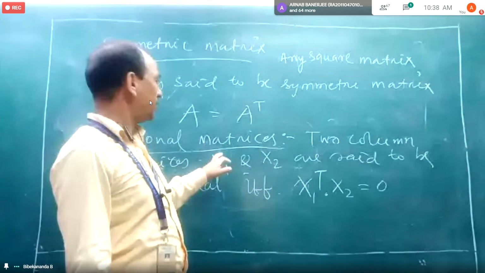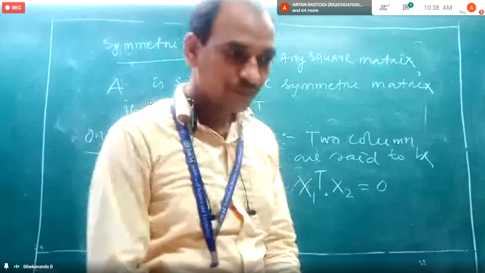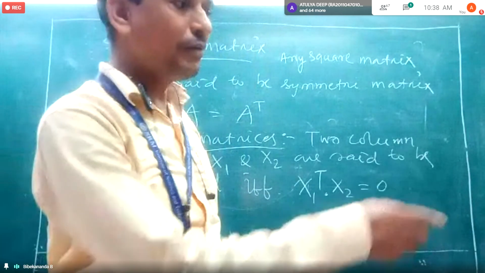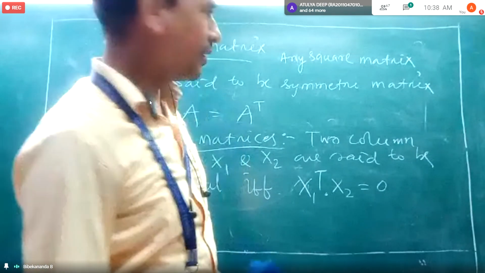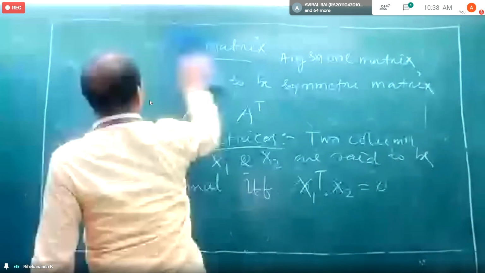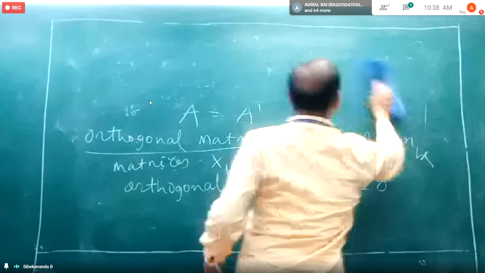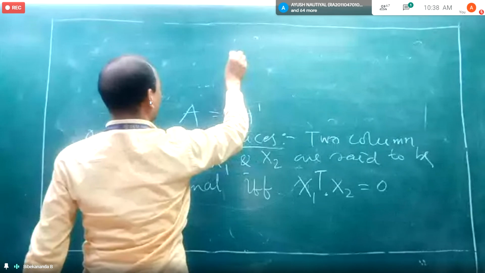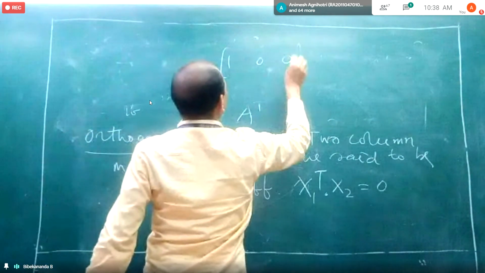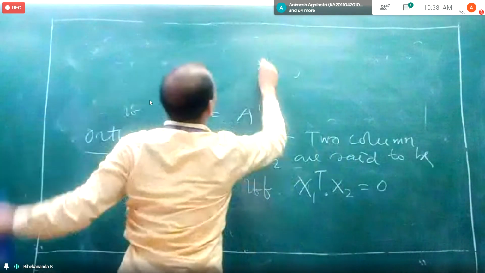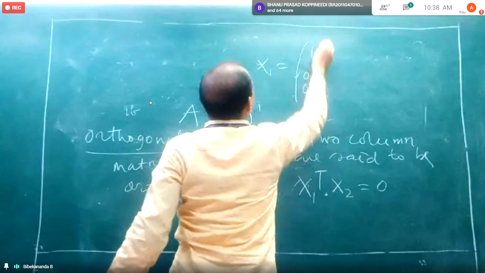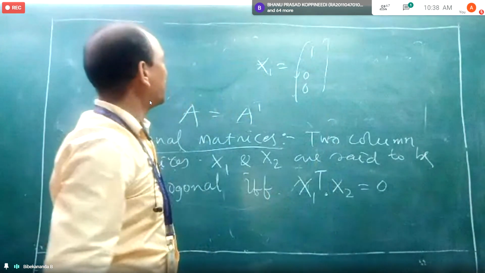Sir, can you give an example of an orthogonal matrix? We will discuss now. Suppose I take x1 equal to 1, 0, 0, just randomly selected.